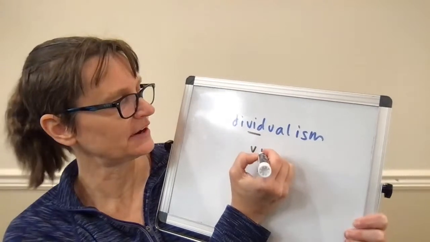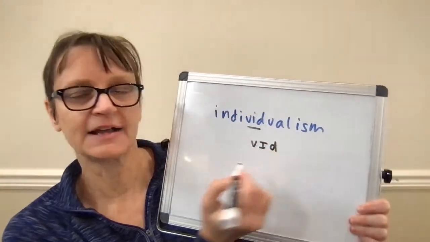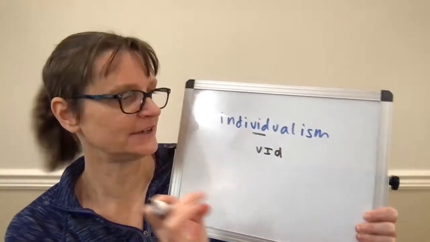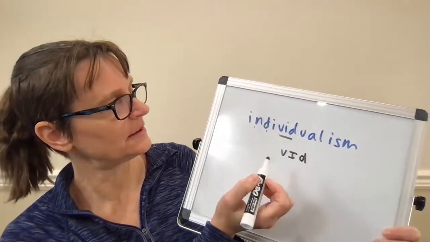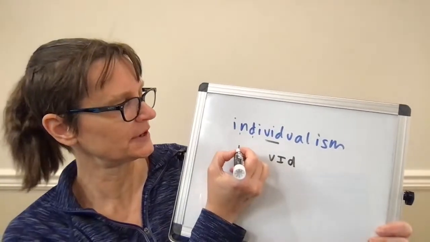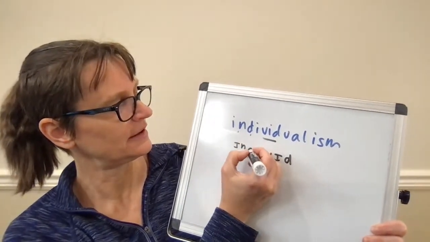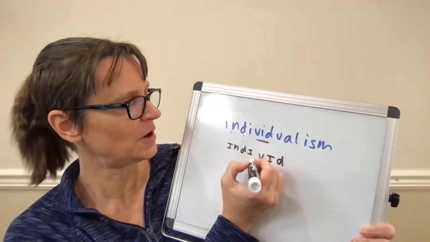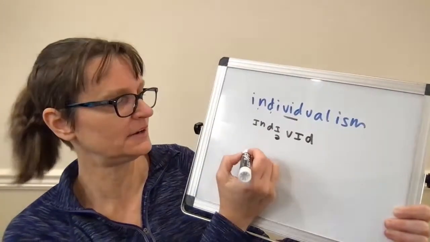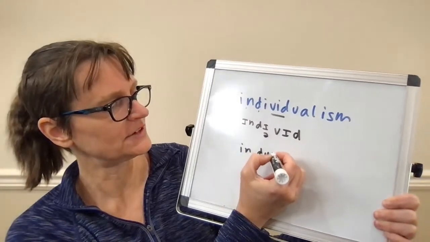So I would start there, use your lax I vowel, vid, like in video. And then the ind syllables are short and unstressed. So we're going to have the I, and this letter I is either going to say an I or a schwa, either indi or inda. So I'll write it as inda.